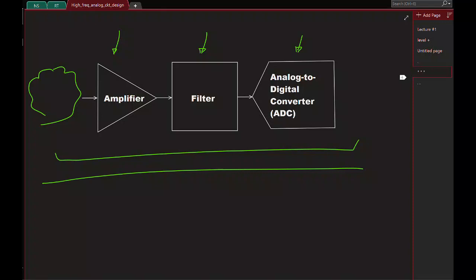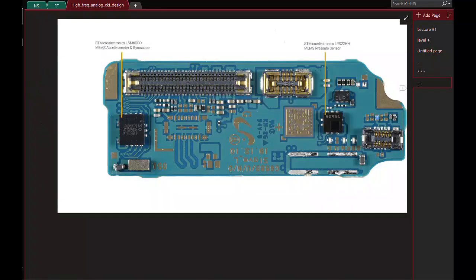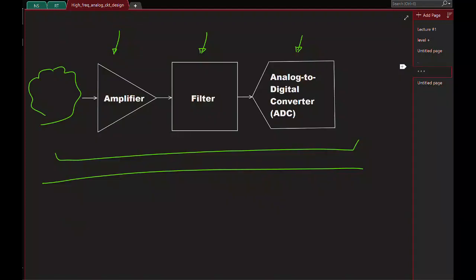And not just that, your phone will have a lot of sensors, right? This is one example. You have a gyroscope sensor, and here you have a pressure sensor. And again, your phone has several more sensors. It basically has sensors for literally everything, right? And even if you look at how the data from a sensor is processed, this is a typical signal flow.